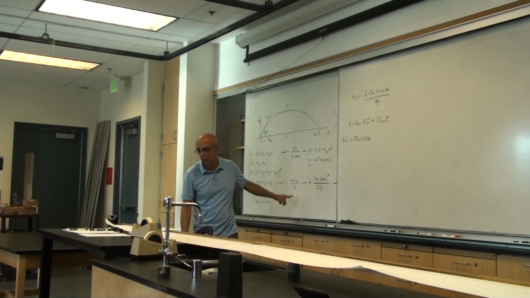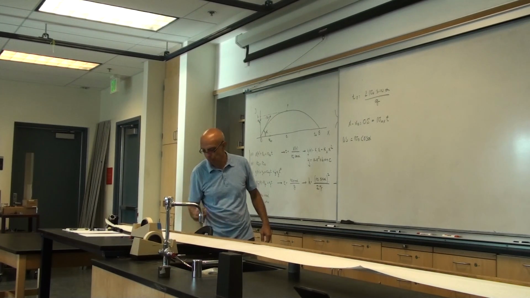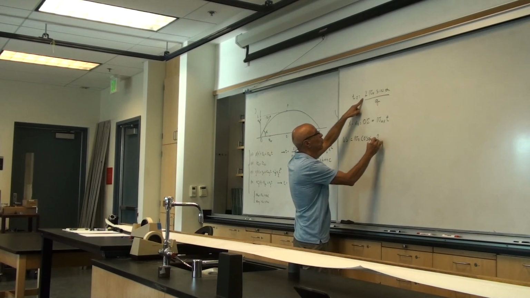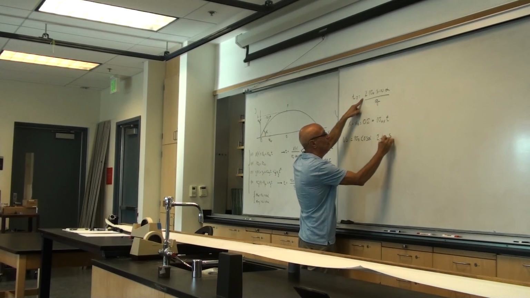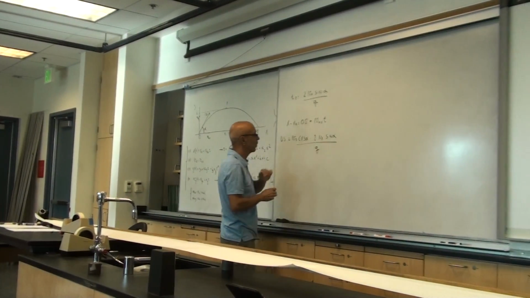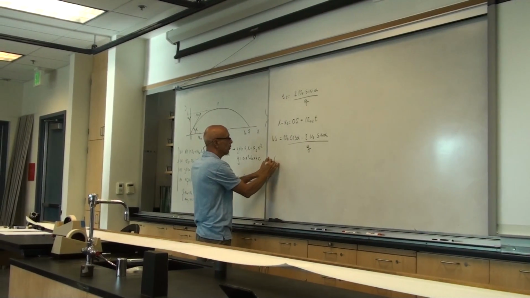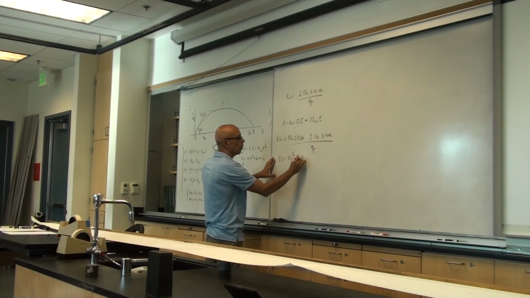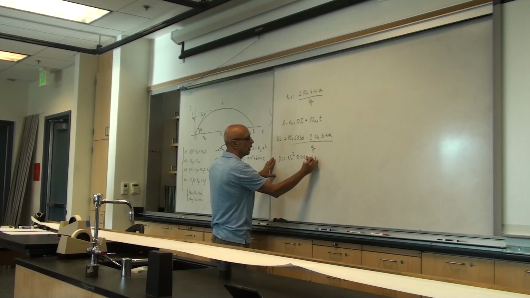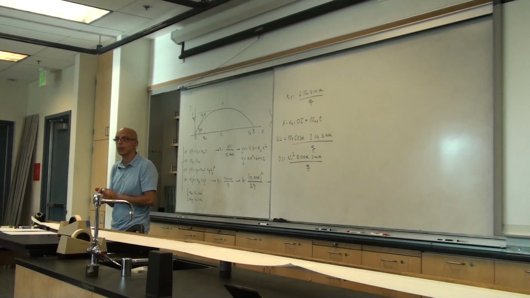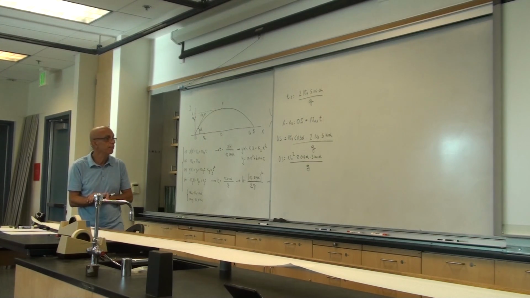Is that okay? This number, 2 V0 sine alpha divided by g. Now this is going to come out to be V0 squared 2 cosine alpha times sine alpha divided by the acceleration of gravity, okay?